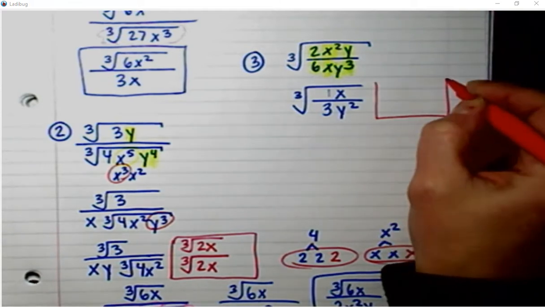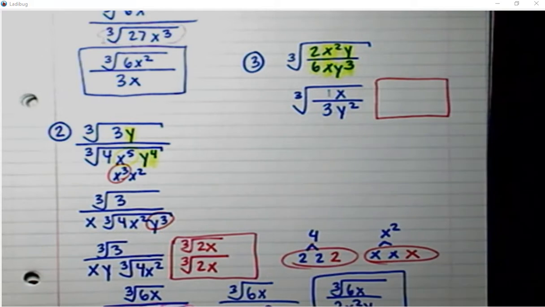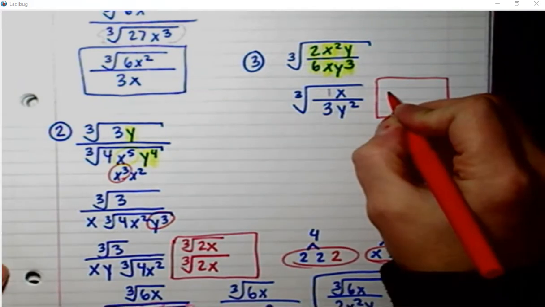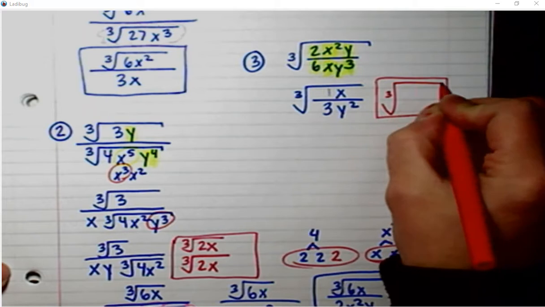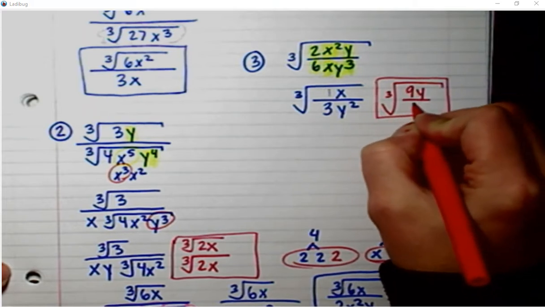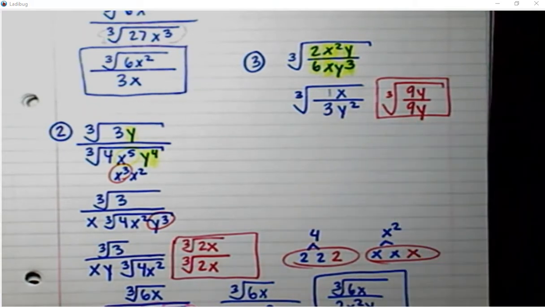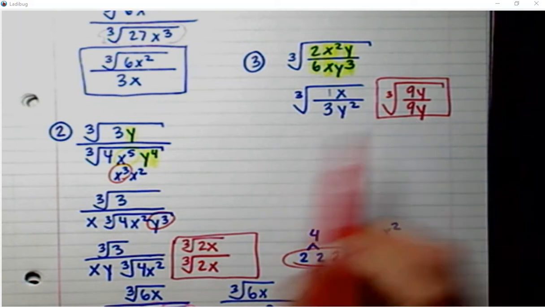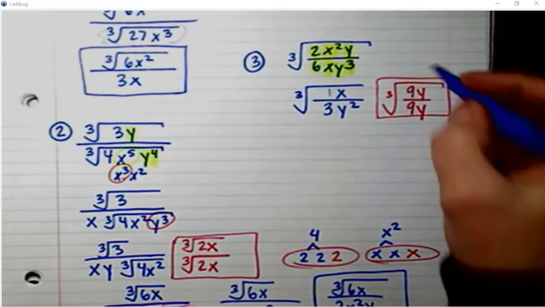All right, Vince. What am I going to multiply to rationalize, which means turn this into a perfect cube in the denominator? 9y. Fantastic. Okay. So 9y. Can you tell me why you chose 9? Because you need a cube root, and 3 times 3 times 3.